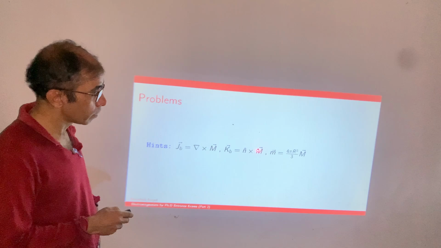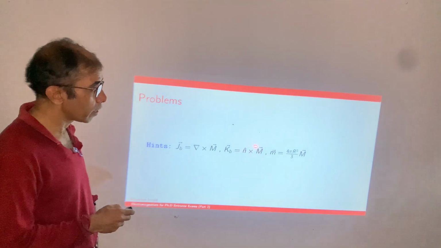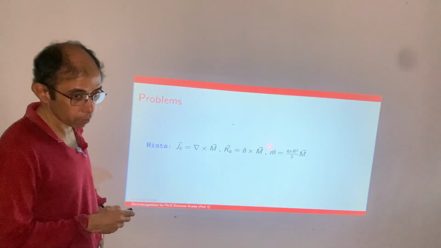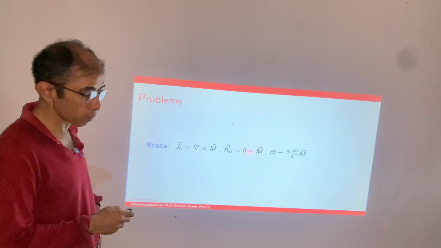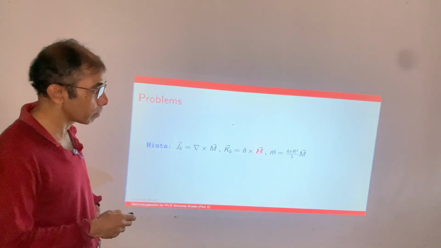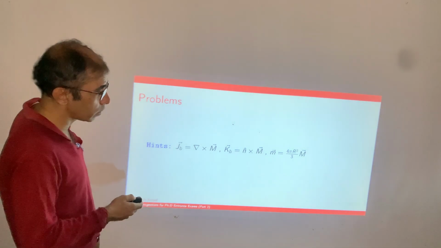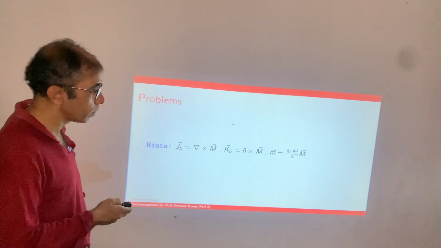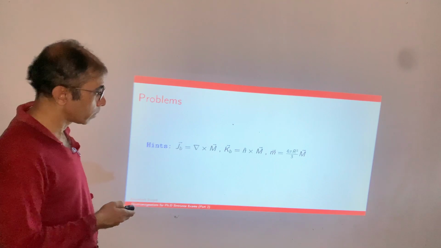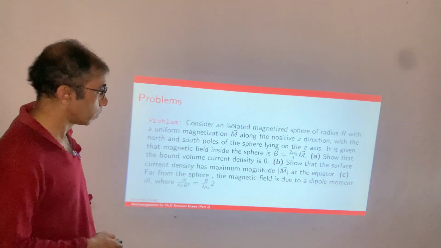And M is along the z direction, so n̂ and M are perpendicular. But this happens only at the equator. That's why the surface current will be maximum at the equator.